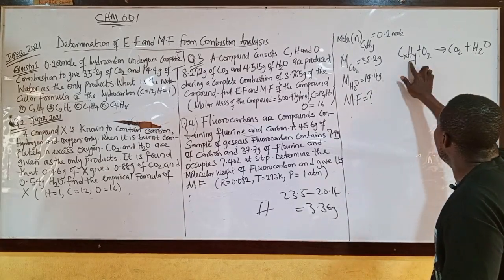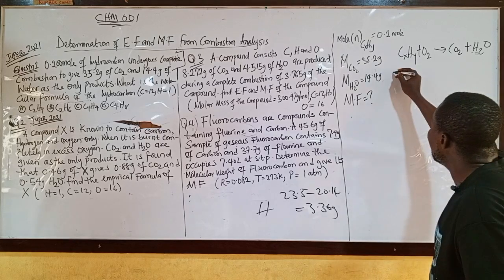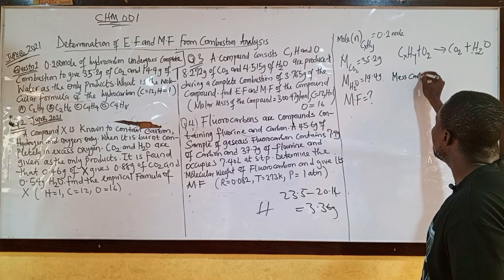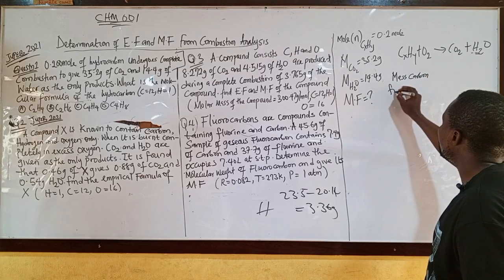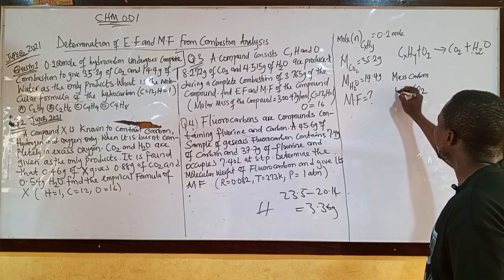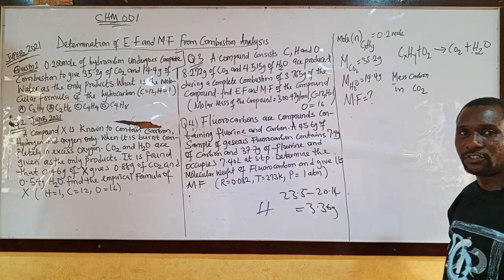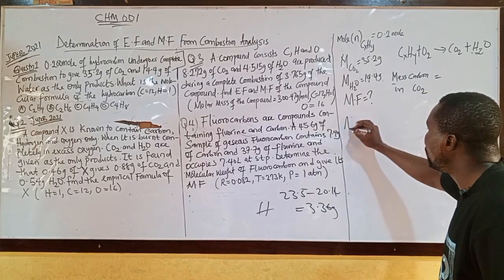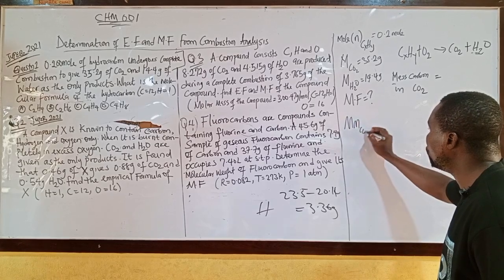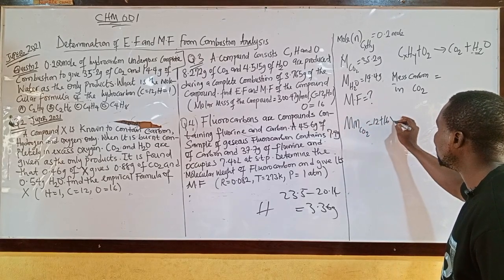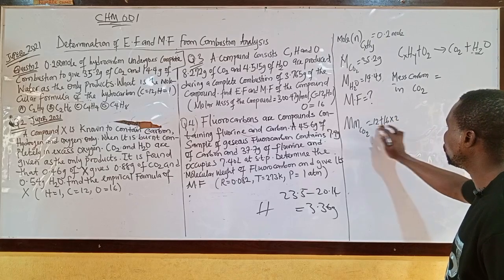Very easy. Let us get the mass of carbon from the given mass of CO2. Don't forget, find the molar mass. Molar mass of CO2: carbon is 12 plus oxygen 16 times 2, which is 32, plus 12.